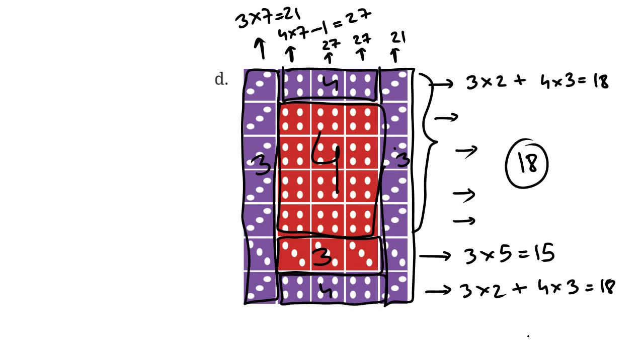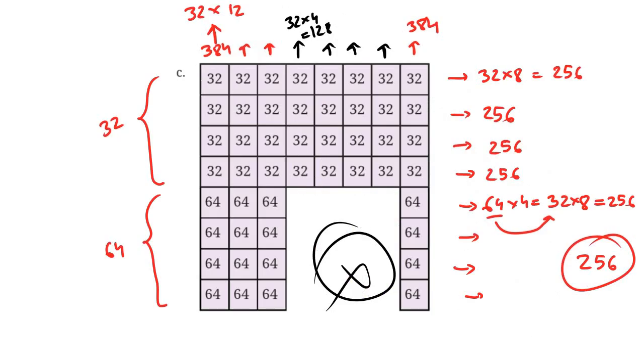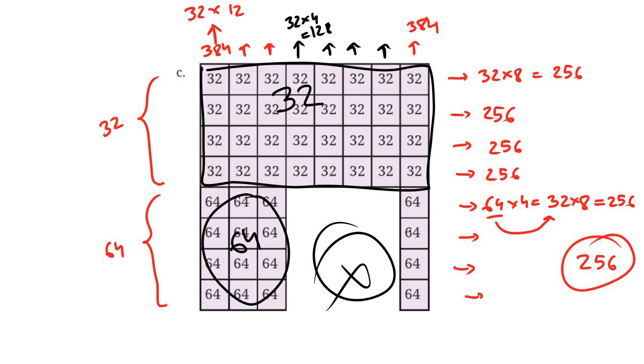Now in the previous case, here we have already talked about this. Basically this was entirely this block entirely 32. Again this was 64 block. Again this was a 64 block.